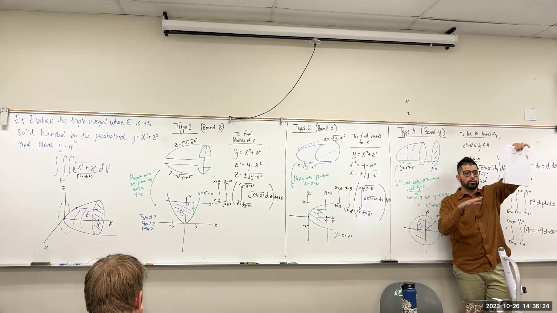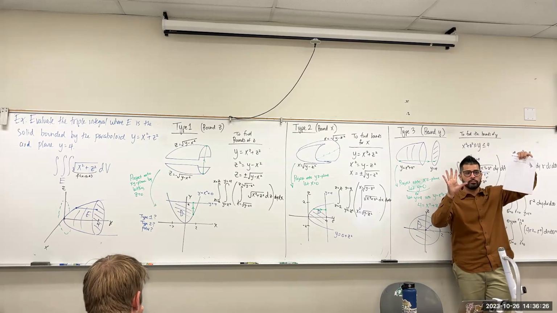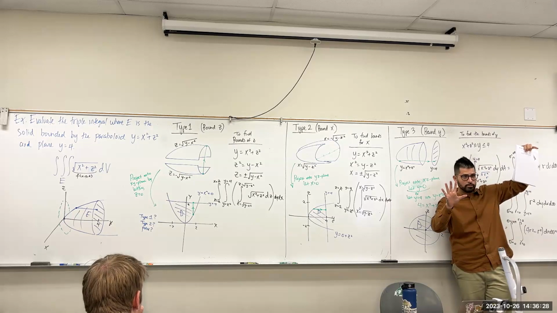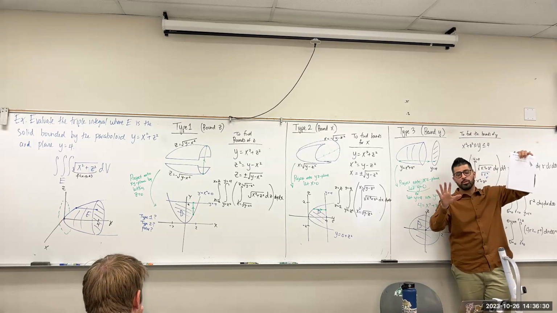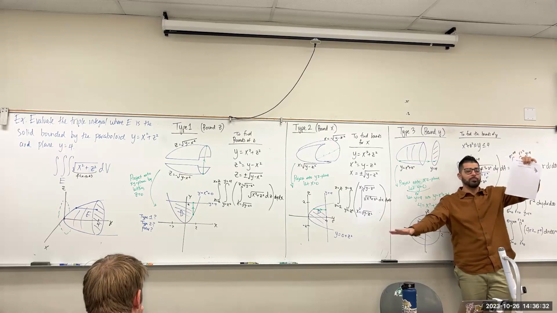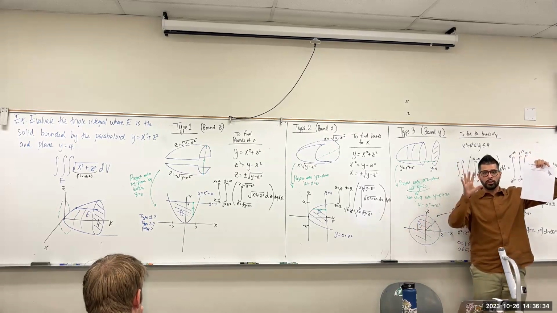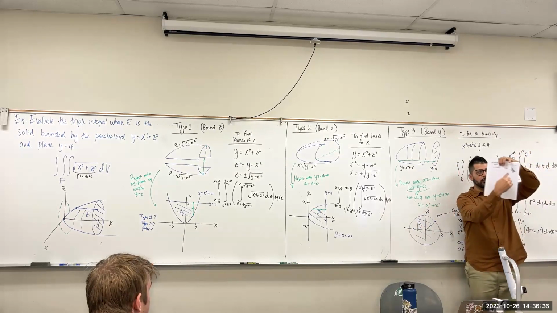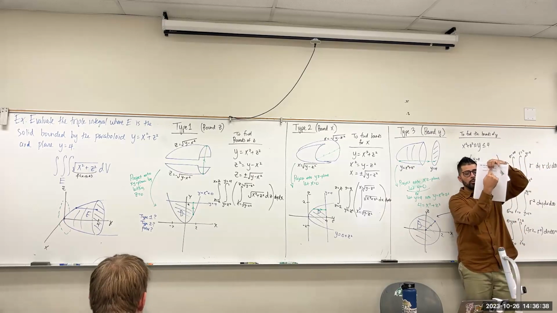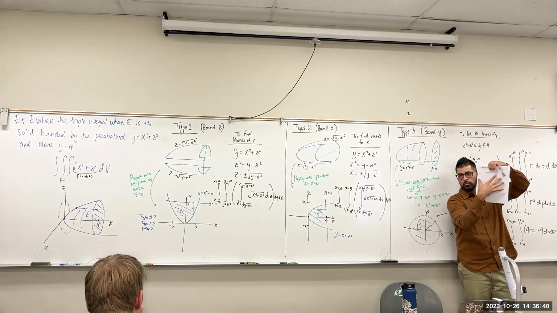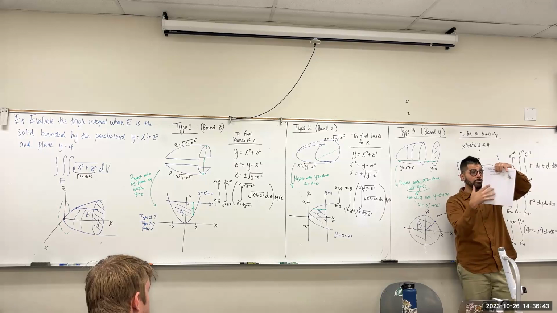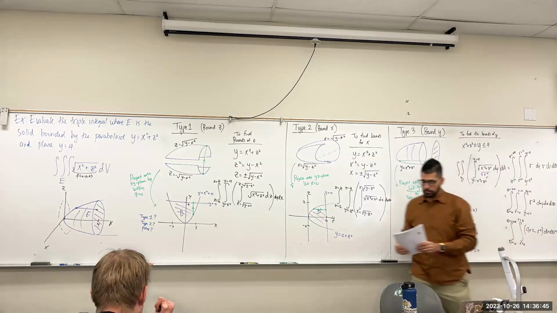I would like you to find the other 5 ways of bounding. So I need you to practice that. I don't care about the integration right now. I care about your knowledge of bounding. So here's the solid, one way that it's bounded. I want you guys to find 5 other ways that it's bounded.